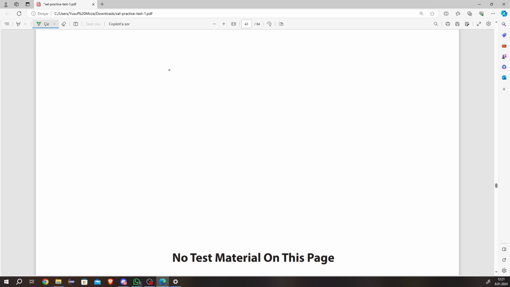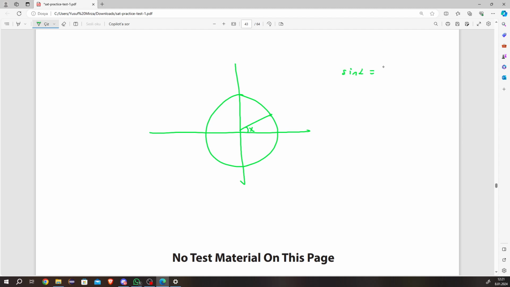So let's draw a circle here. I will say sinus x is 4 divided by 5. So we can say y and x. If we say r equals 1, we can say y is 4 divided by 5.